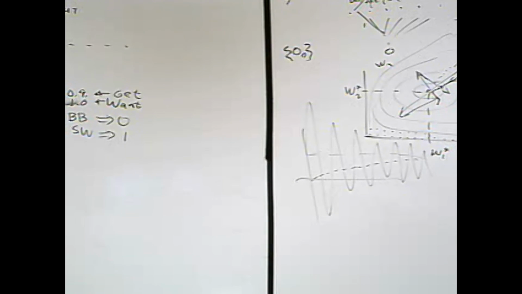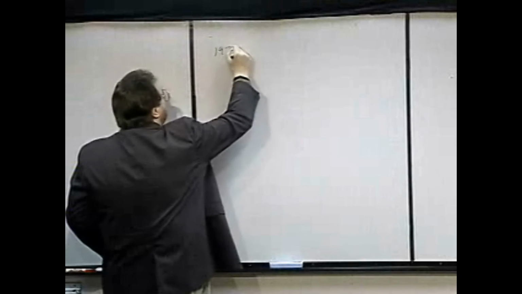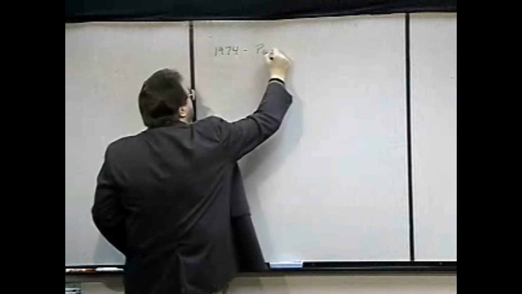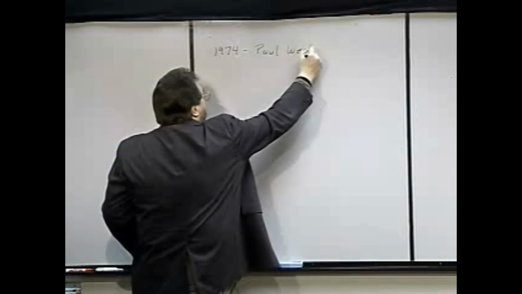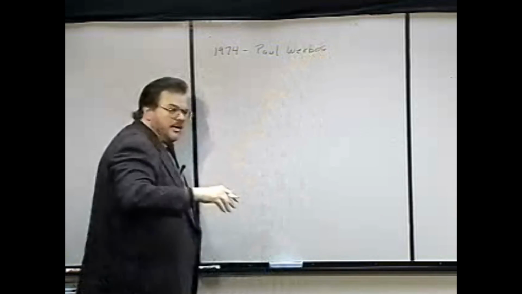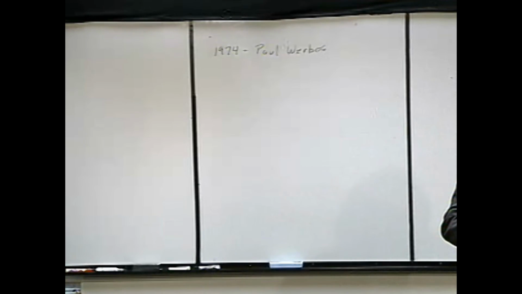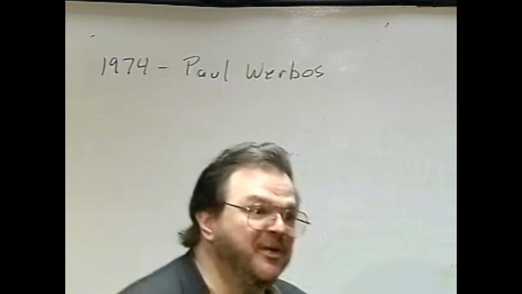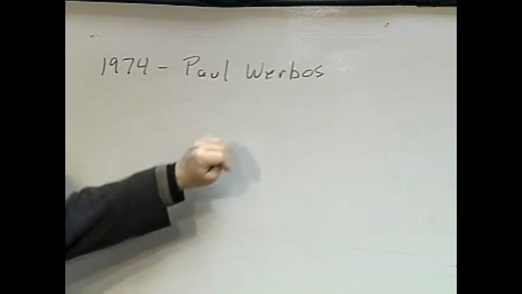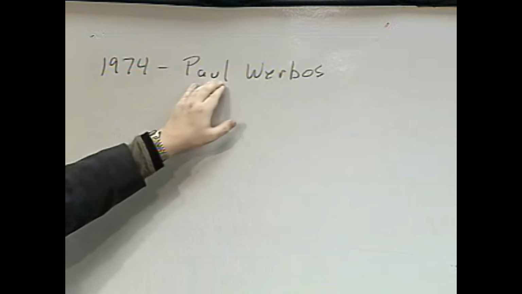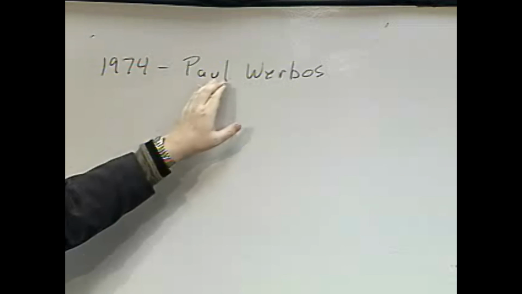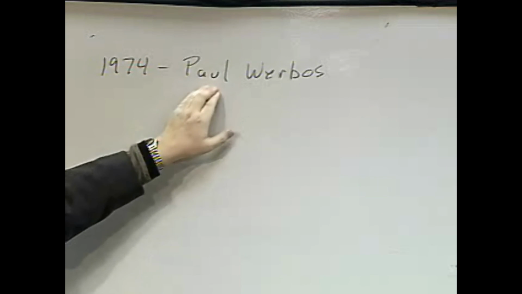Error-back propagation, by the way, was initially done in 1974 by Paul Werbos. And Paul right now is a program manager for the National Science Foundation, and he is actually a program manager of one of the projects that we have right now. It was for a Harvard PhD thesis that he was the first to invent error-back propagation.